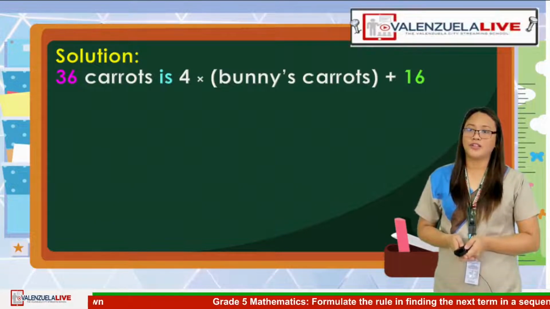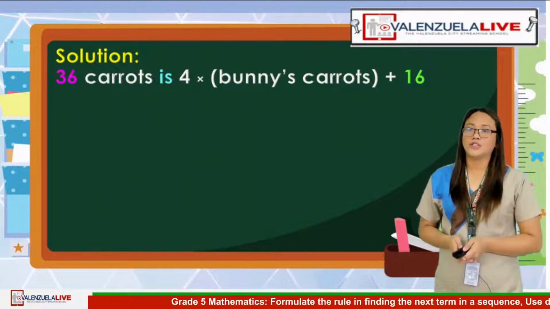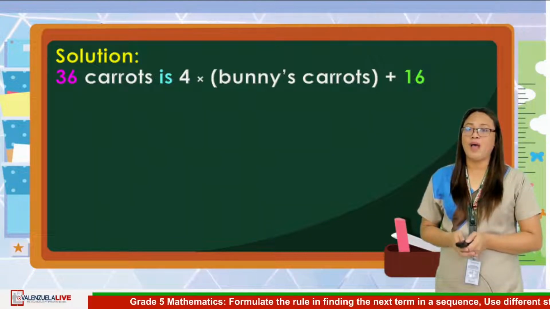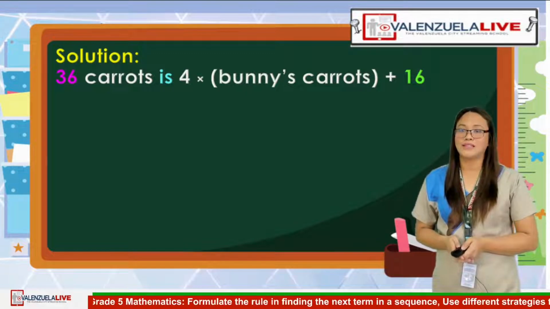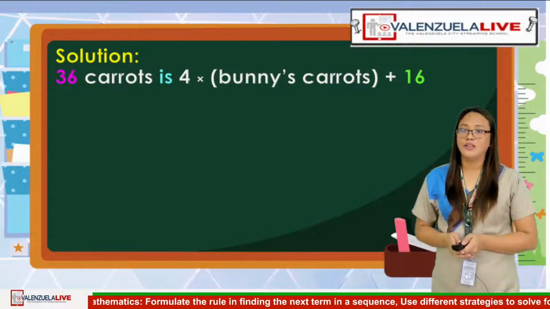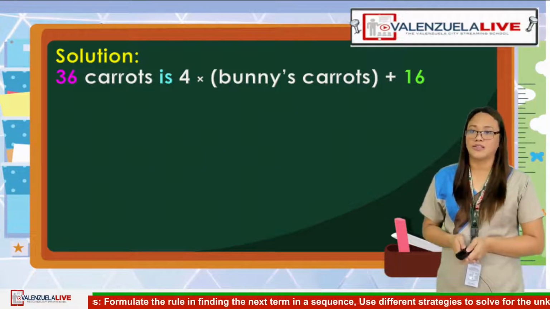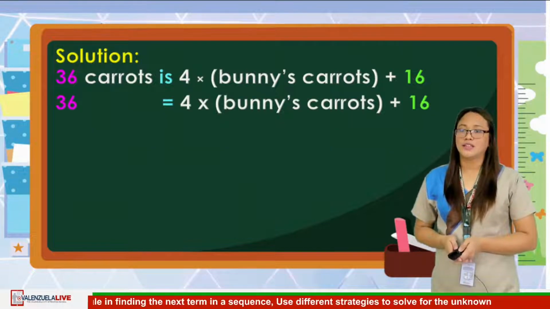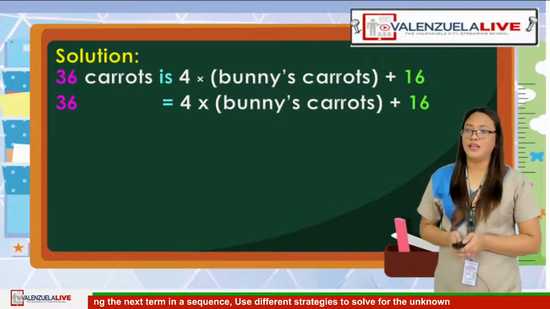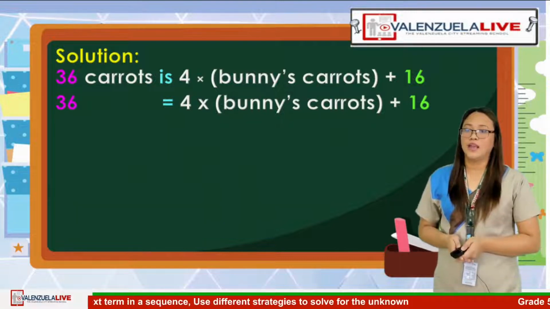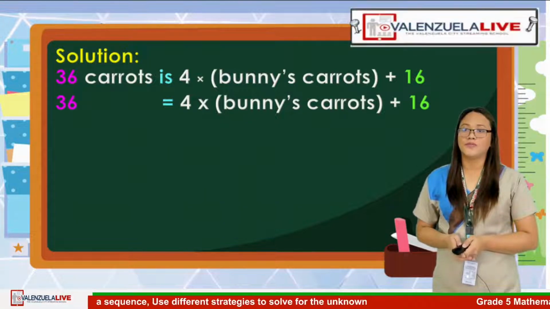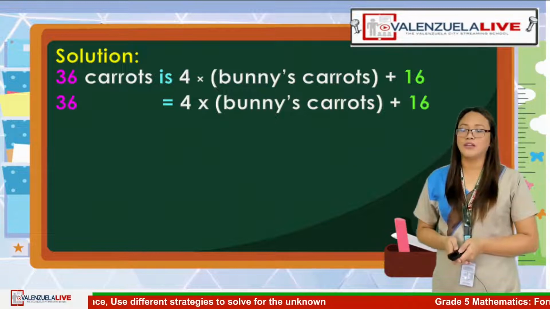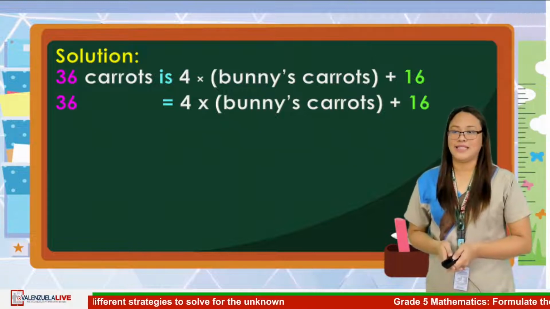Okay, so we have here 36 carrots is 4 times the bunny's carrots plus 16. We still don't know the number of bunny's carrots. Now, we have 36, just make the is to an equal sign. So we have 36 equal to 4 times bunny's carrots plus 16.